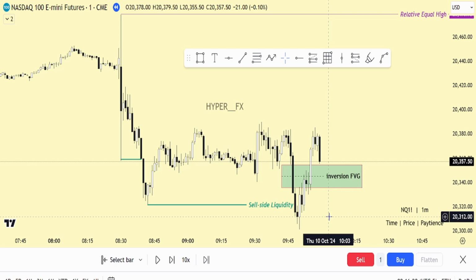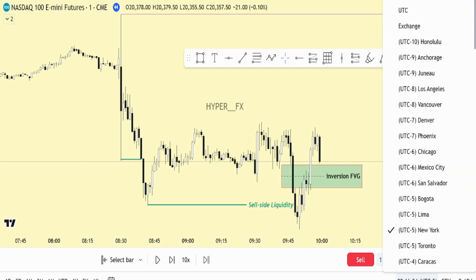So guys, you have to set your TradingView time to New York time. The way to do that is to come to the lower right bottom of your TradingView and click on time zone. Once you click on time zone, select New York time, UTC-5. That is the time you engage with the market, because the algorithm that delivers price runs on New York time.